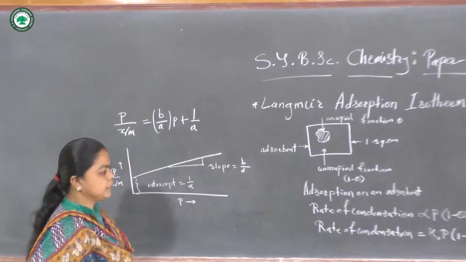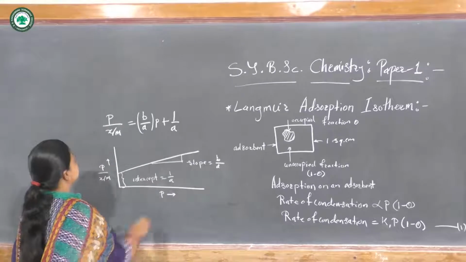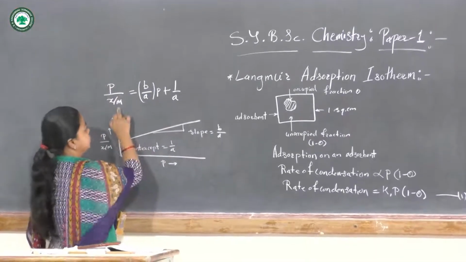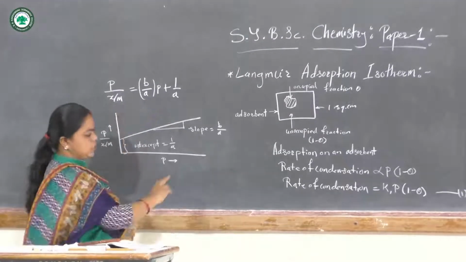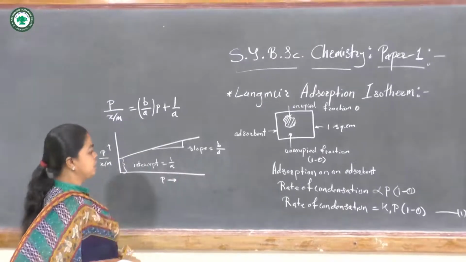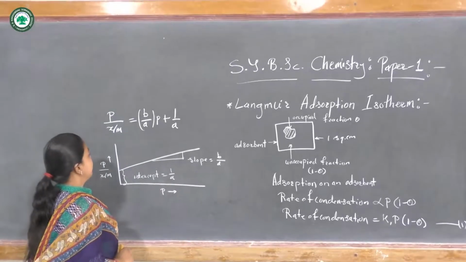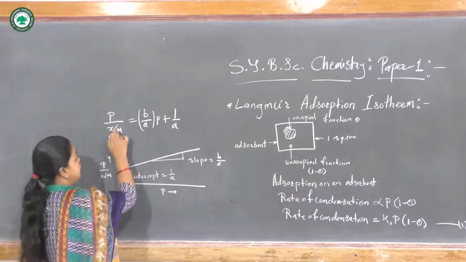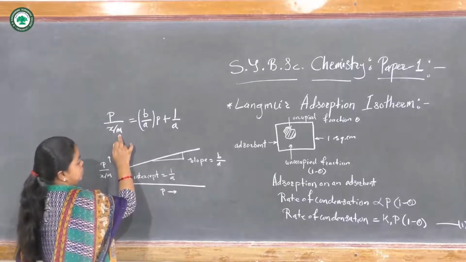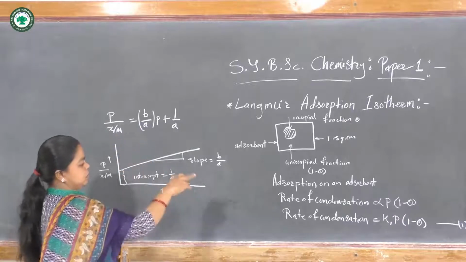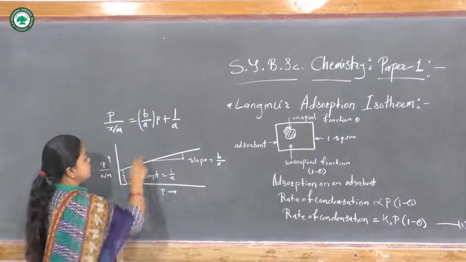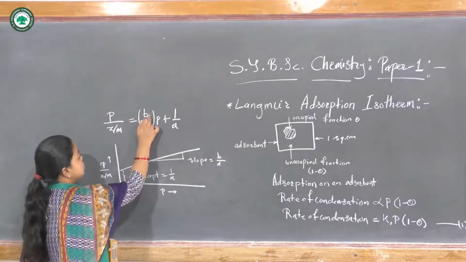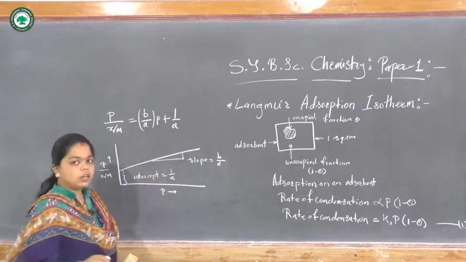Rearranging x/m = aP divided by bP plus 1, with P on the left side, we get P upon x/m equals b upon a into P plus 1 upon a.